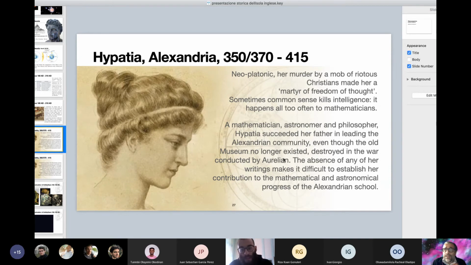Now, it has to be remarked that Hypatia managed to succeed her father as a leader of the Alexandrian community. Probably the museum and the library no longer existed at the epoch of Hypatia because a Roman emperor, Aurelian, had destroyed them. Okay. Now, we don't know exactly what she wrote because her books were destroyed.